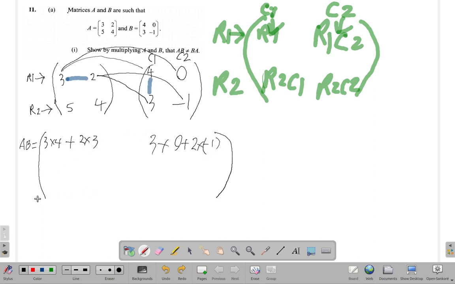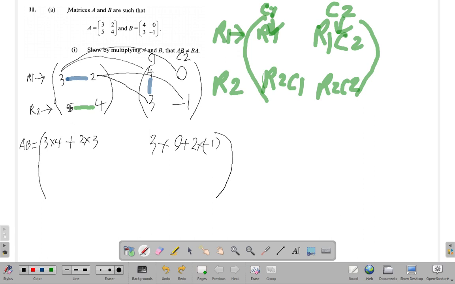What's going to come here is the bottom row, which is row 2. This is row 2, and this is the left column, column 1. So it's going to be row 2 going across here, row 2, column 1.